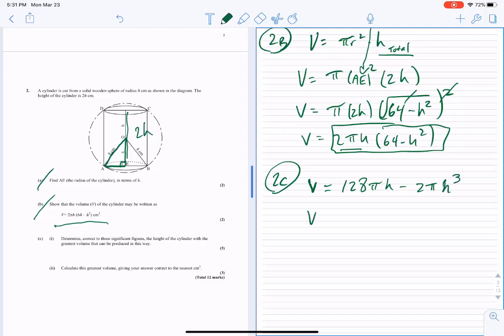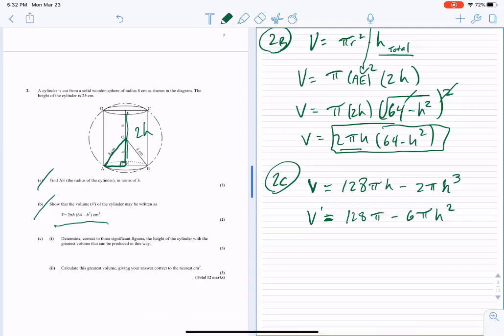And I'm going to take the derivative now of that with respect to h. The derivative is going to be 128 pi minus 6 pi h squared, okay? Now, they want me to optimize that volume, so I'll set that derivative equal to 0 and then solve it for h, and that will be the answer to this question.